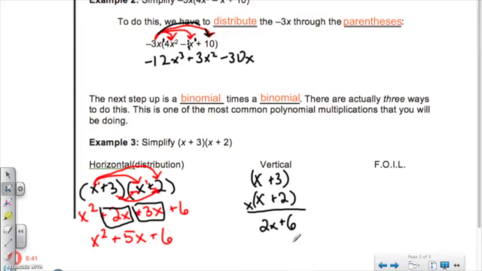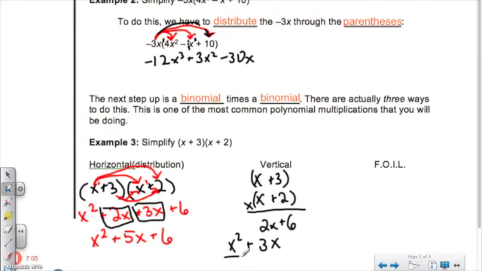You probably would have put a 0 here or something as a placeholder. And you can still do that here, but it's not really necessary. So what you're going to do is you're going to say, okay, x times 3 is 3x, and x times x is x squared. And again, that's a positive 3x, so I'm going to put a plus.